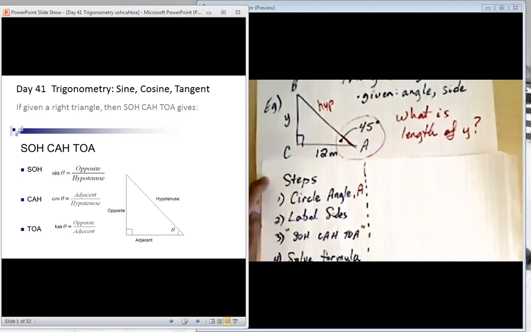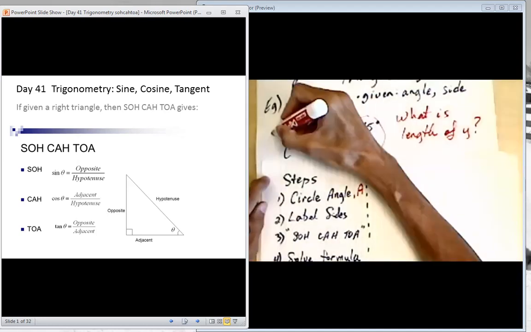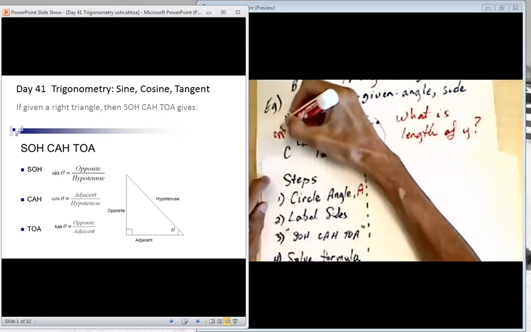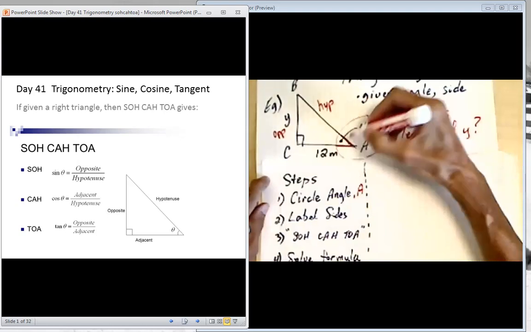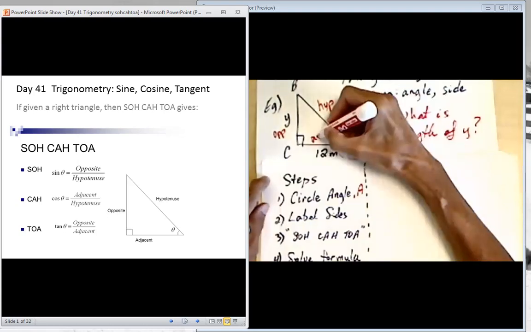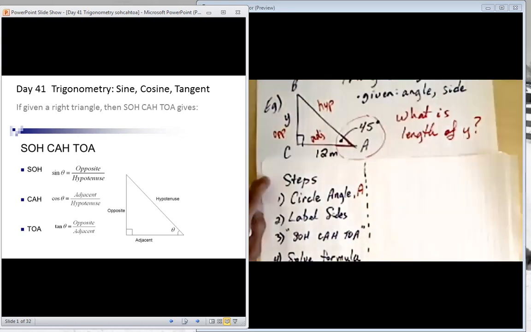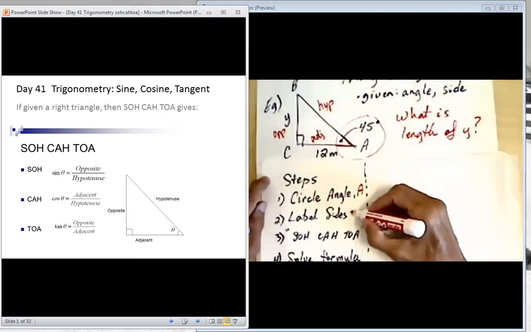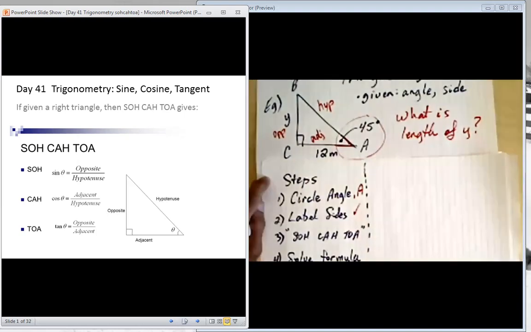Yeah, that's the opposite side. And then the side that's creating the angle, adjacent. Yeah, adjacent it is. Okay, so we labeled the sides.